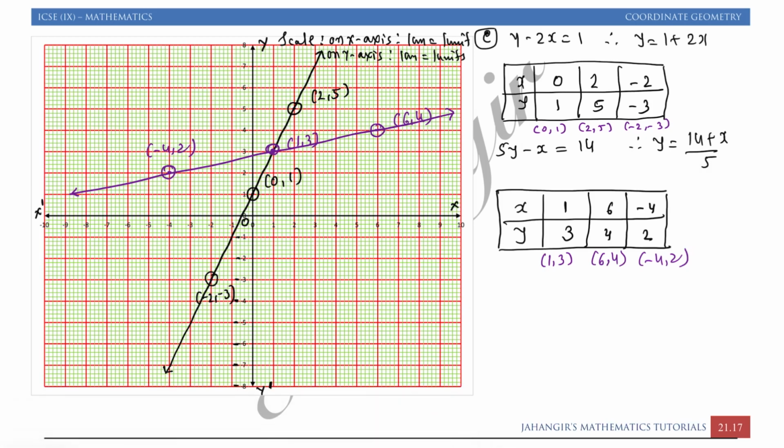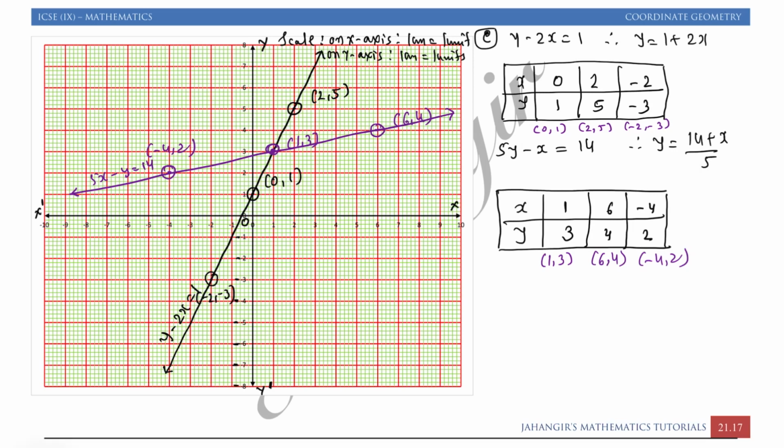So I have to write the name of the equation, y minus 2x is equal to 1, so that I can see which equation's line this is. The purple line is 5x minus y is equal to 14. The equation's name should be written clearly.